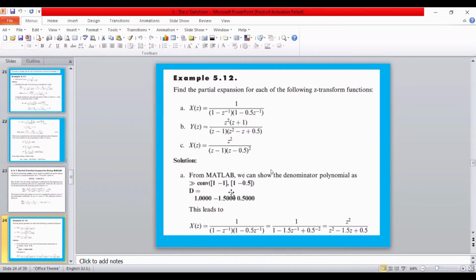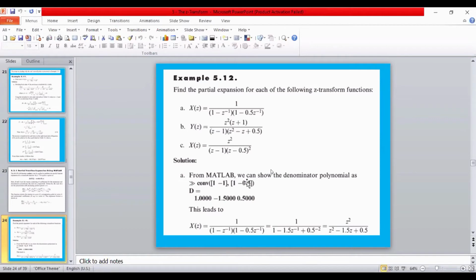So you write conv. The first vector will be coefficients corresponding to this. So 1 and -1. If you had some other power of z, then another number would show up next to that. But now we have 1 and -1, comma, another brackets correspond to another term, another vector, 1 and -0.5, right?